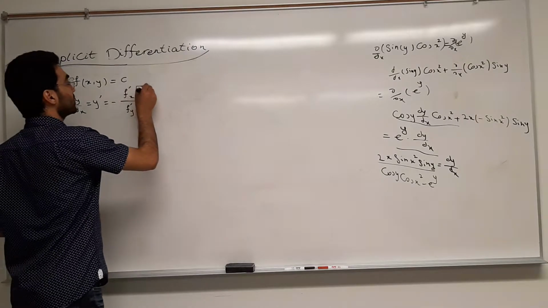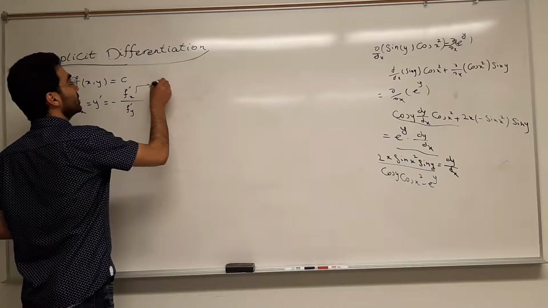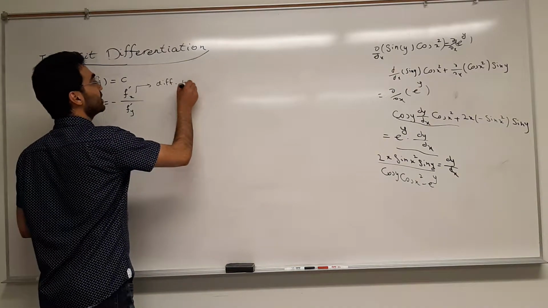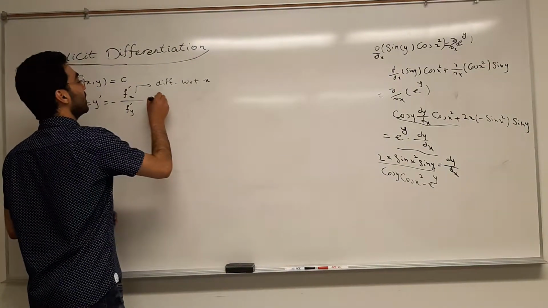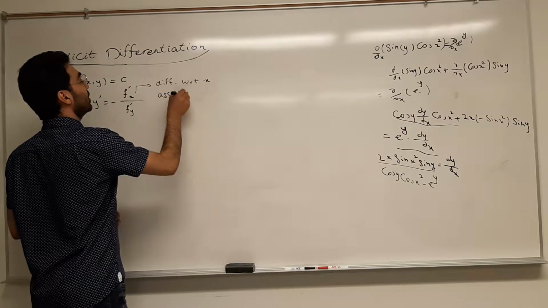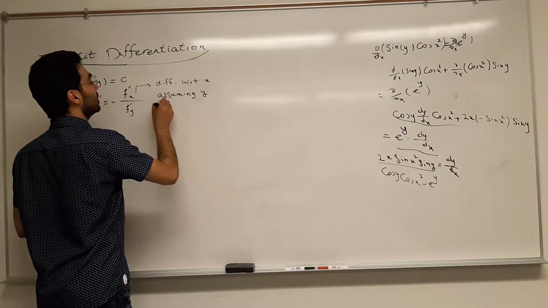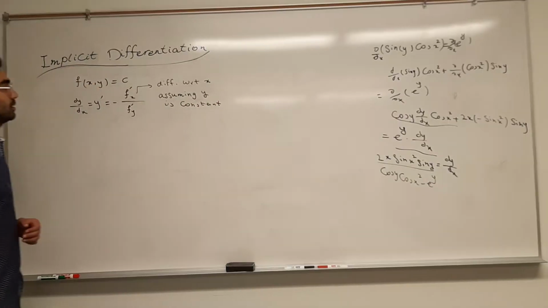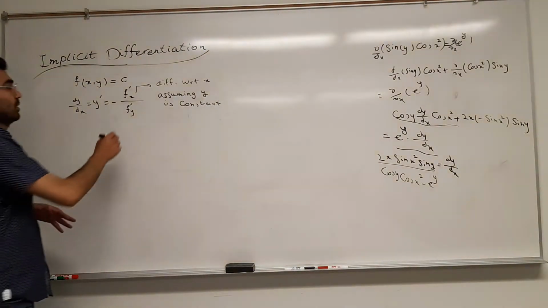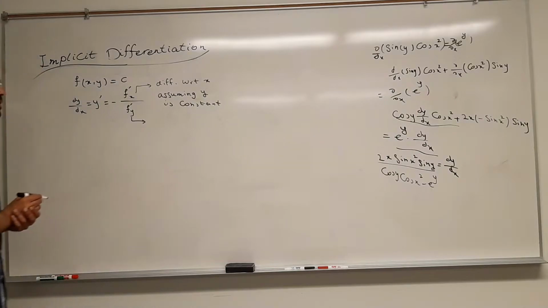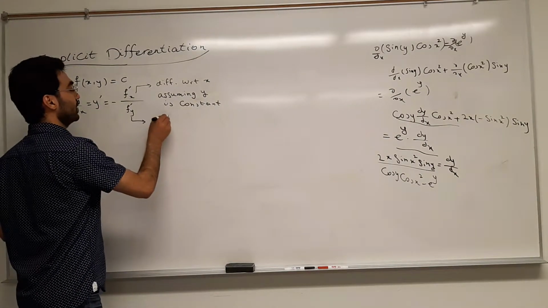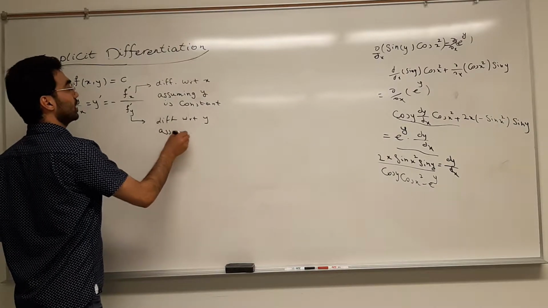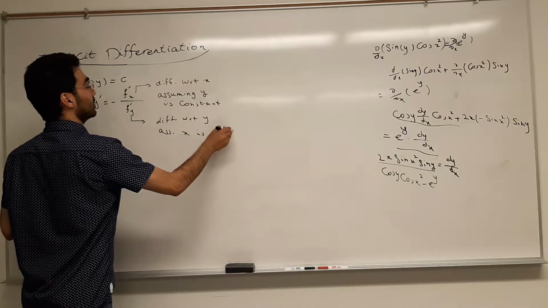F prime of x means differentiate the function f with respect to x, and wherever you have y, you are assuming it's a constant. And similarly for f prime sub y, you differentiate with respect to y, assuming x is constant.